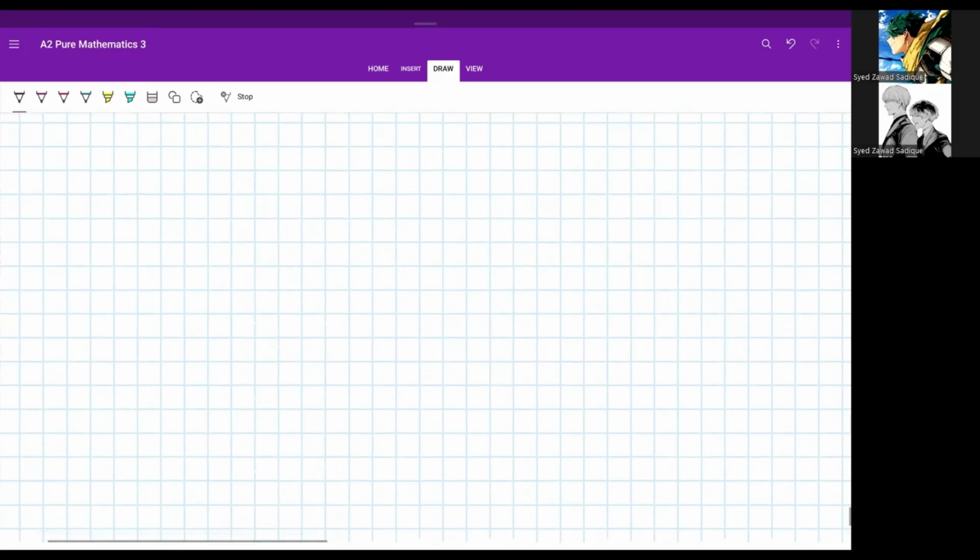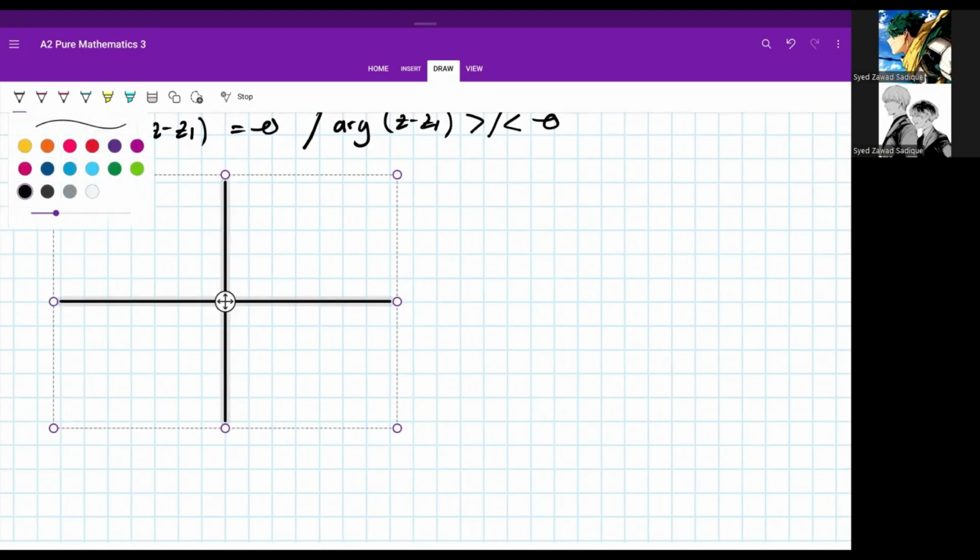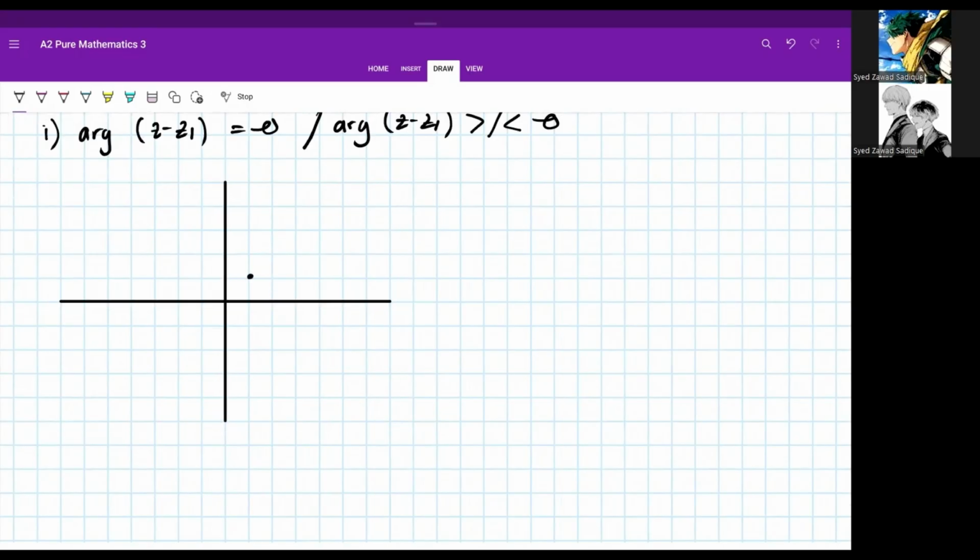For example, let this point be z1. Then we draw a half line, and this is theta.